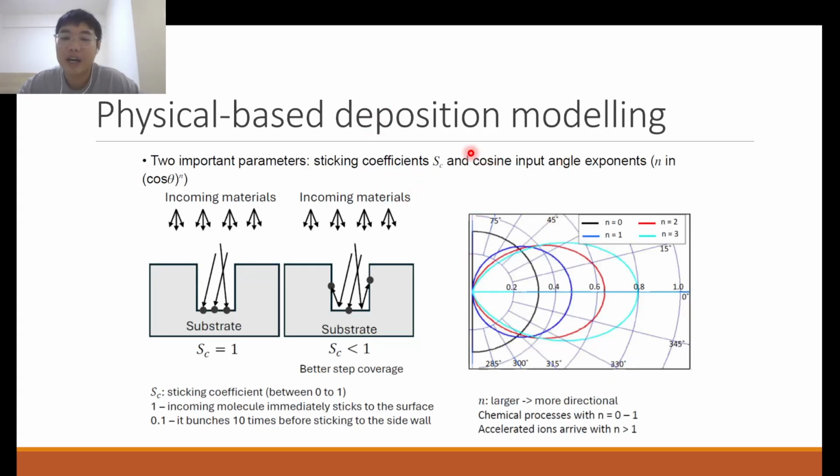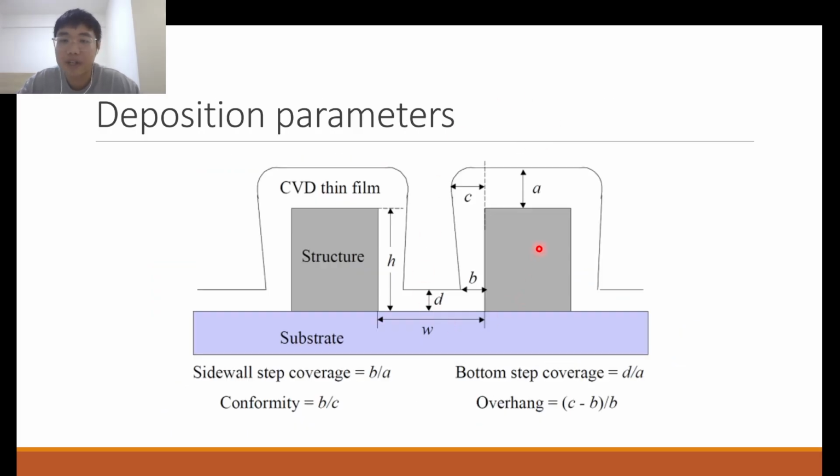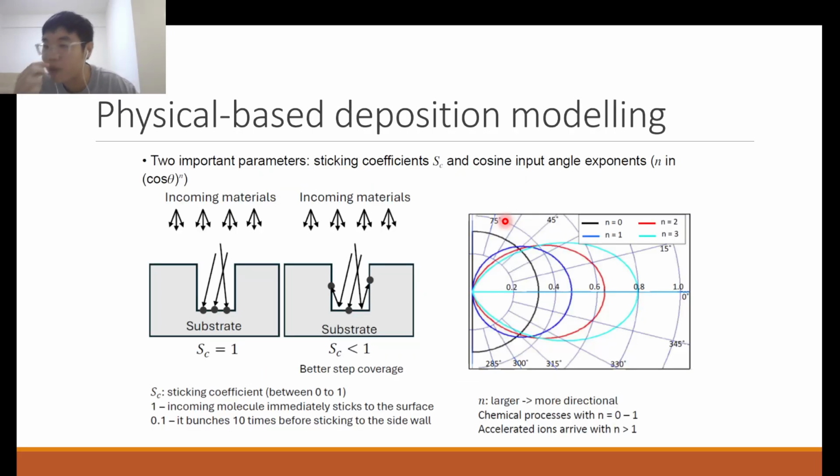However, in addition to these simple parameters that we can obtain after deposition, we can also characterize or model the deposition techniques by the use of physical parameters. There are two important parameters: the sticking coefficient SC and the cosine arrival angle exponent N. So what is the sticking coefficient SC?